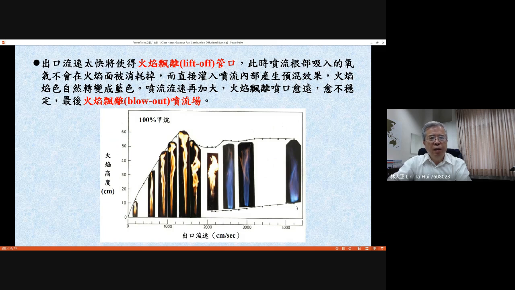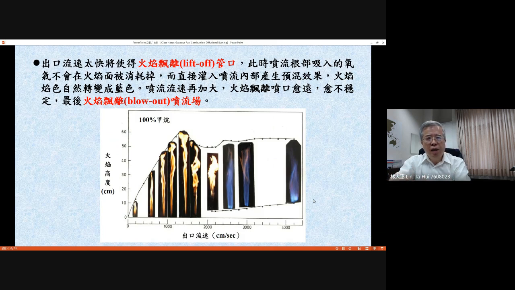But finally, for a typical jet diffusion flame, usually you will have this kind of result where you increase your injection velocity up to 4,200 centimeter per second. Then this flame cannot be stabilized at a certain point in your flow, and it will disappear. Okay, that means the flame will blow out of your jet flow, which means in this case you will experience too strong turbulent intensity.